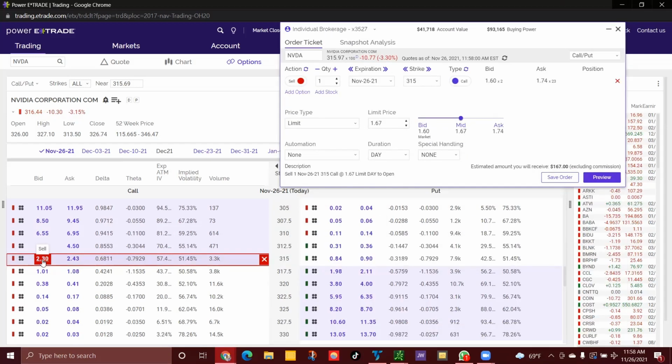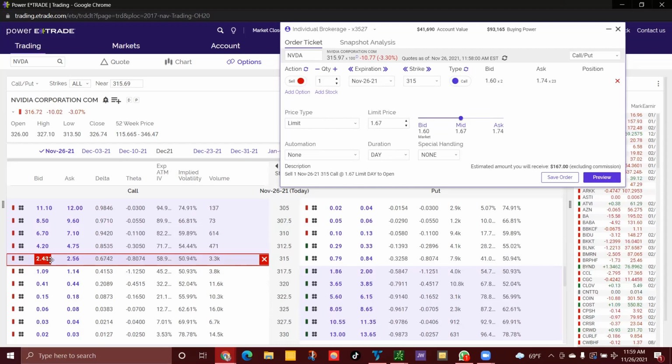You have to have a very big account, because your broker is going to take out enough margin to cover 100 shares of NVIDIA. So in this case, that's a lot of money.